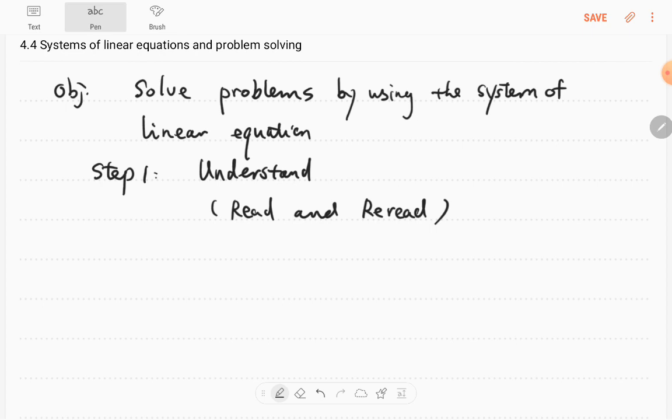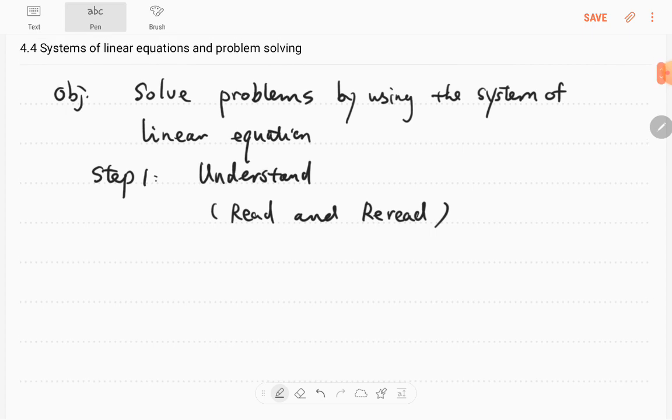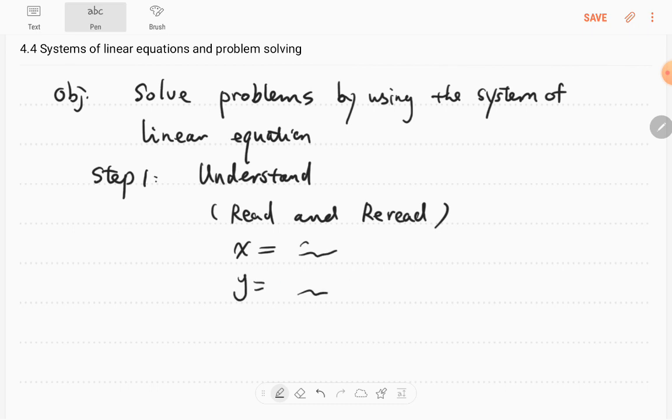After we read the question, maybe we should set the variables. Basically, we will relate x to be something, right? Then y to be something. First, we should use two variables to represent two unknowns, because this time we are talking about the system of linear equations.